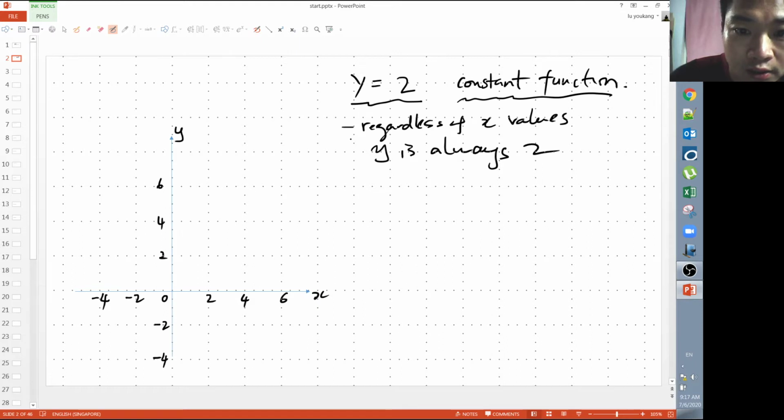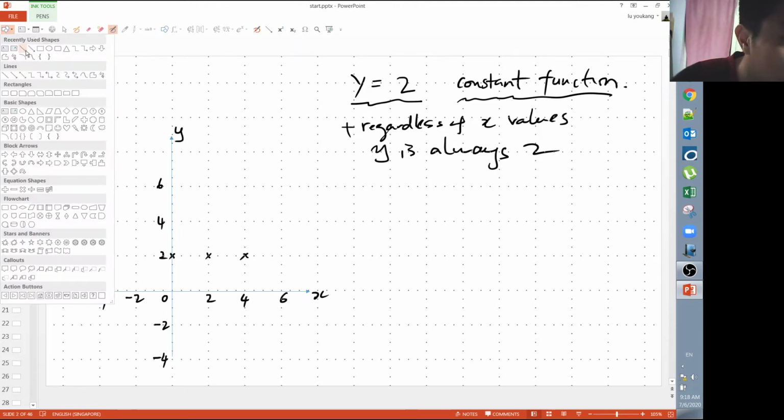So this is the key here. Regardless of the x values, y is always 2. So when your x is 0, your y is 2. When your x is 2, your y is still 2. When your x is 4, your y is still 2. So it's always 2 regardless, right?